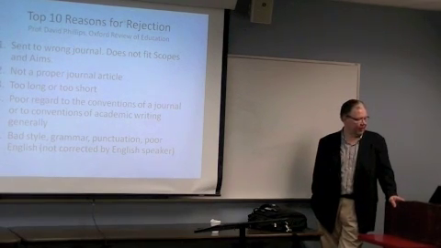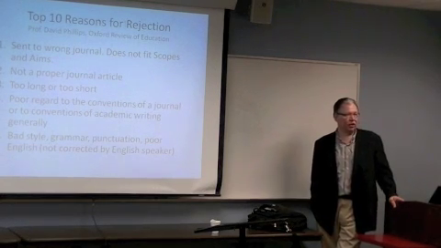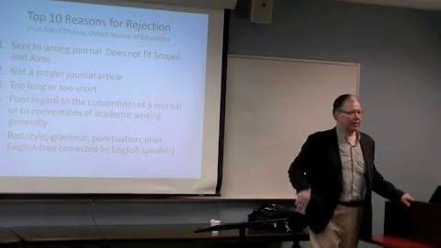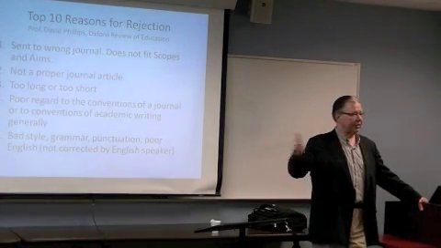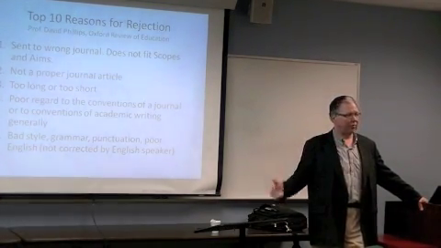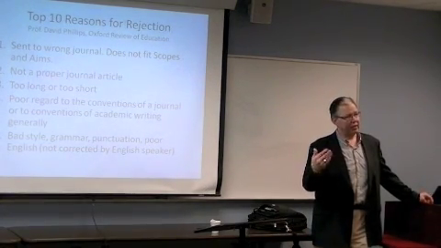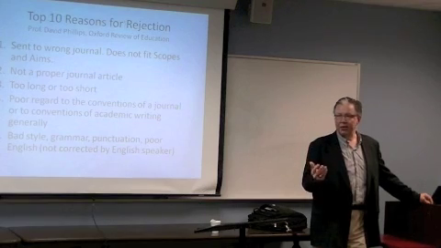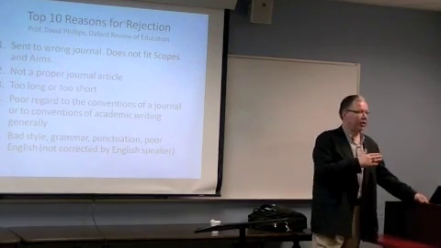Poor regard to conventions of a journal or the conventions of academic writing generally. An editor can see very quickly, does this actually look like a journal article for our journal? And will not send something that doesn't meet that criteria out to the reviewers. So usually what you're getting from a reviewer is theory type stuff and responses. But the actual look of the thing is at the editor, and they'll reject it.